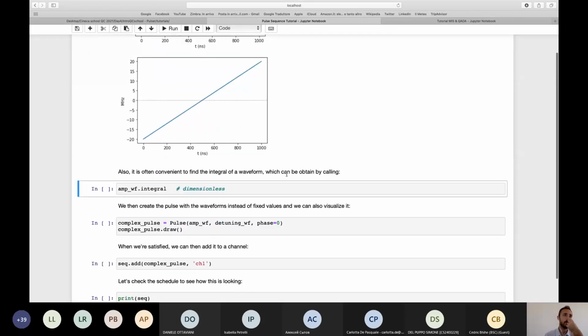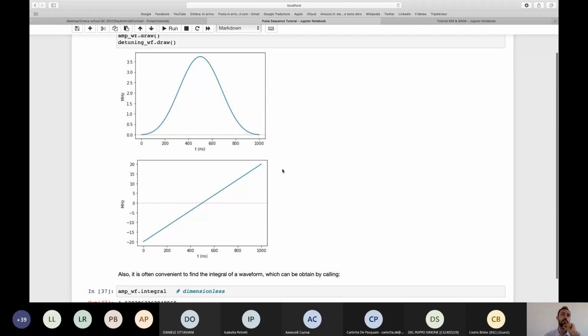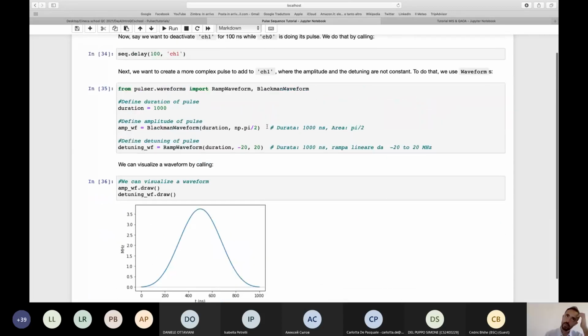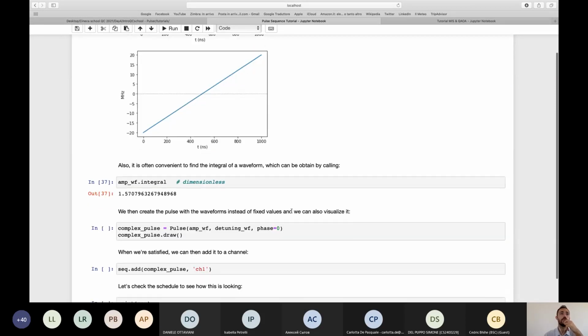You can also specify the integral. It could be useful in some cases, because here you specify basically the area below this waveform. So if you decrease the time, it's going to be much more peaked because the area is constant. So sometimes it could be useful.